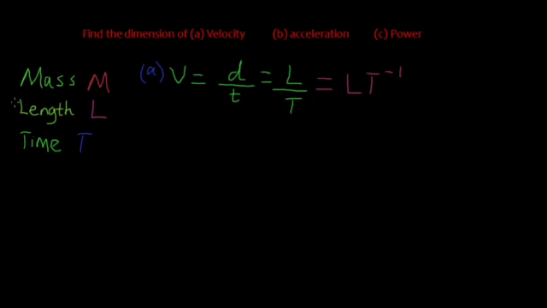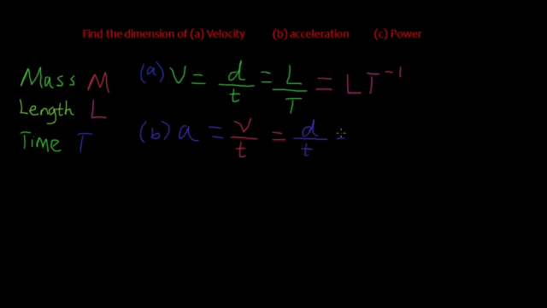Now let's look at the second one. Question B. Dimension for acceleration. Acceleration is velocity all over time. And having known that velocity is distance over time, so we have distance over time, that is velocity.